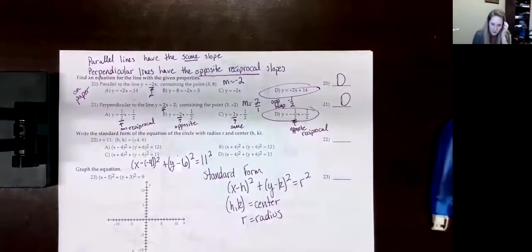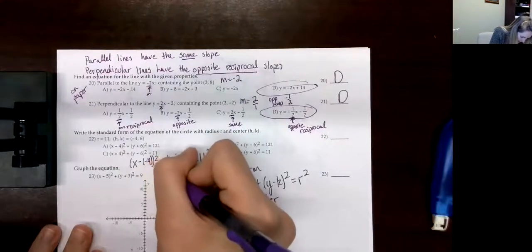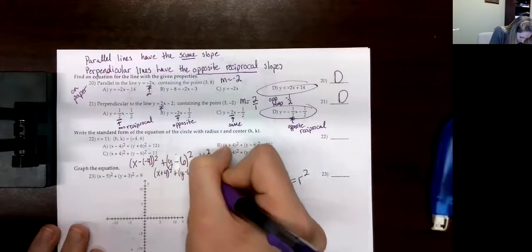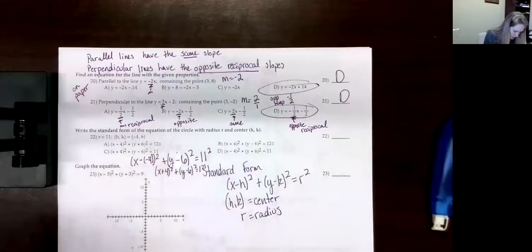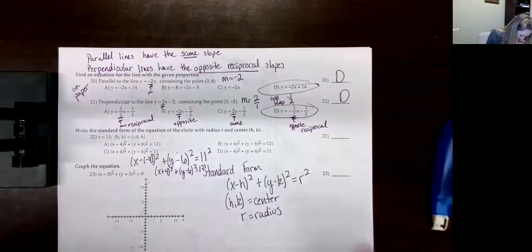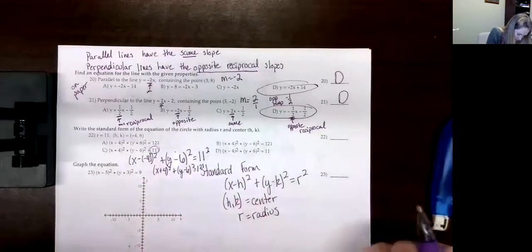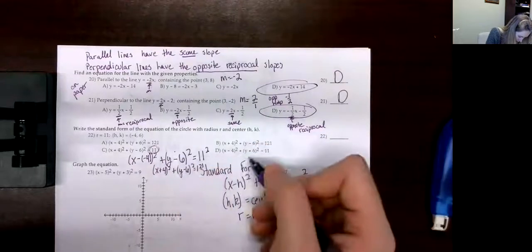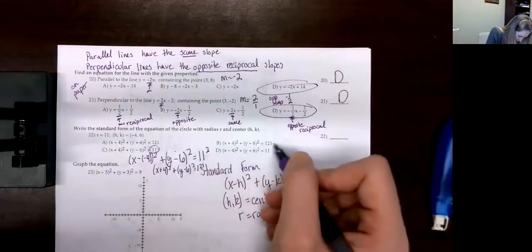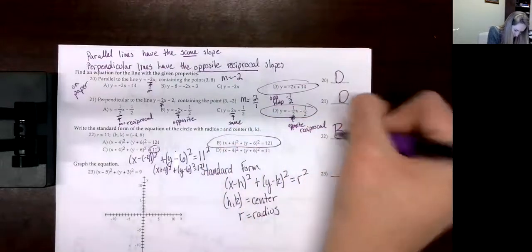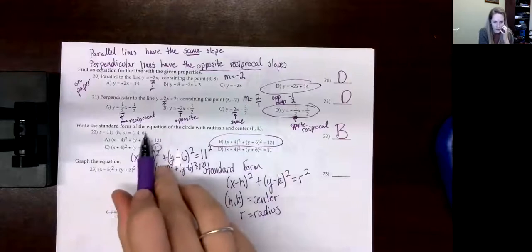Remember, it's 11 squared. A bunch of people forget that one. So when we simplify this, we'd have x plus 4 squared plus y subtract 6 squared equals 121. Why'd I squish myself right there? I'm sorry. So this one doesn't have it squared. So x plus 4 squared plus y subtract 6 squared equals 121. You just have to remember that it's the opposite of these and to square your radius.